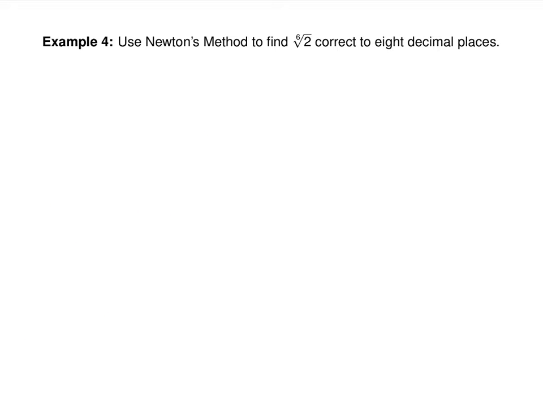All right, now this one, how might you find the 6th root of 2 correct to 8 decimal places? So how could you translate that into a function? If you don't know something, you could make it a variable, right? 2 to the 1/6, let's let that equal x. Does that make sense? As a simpler equation, isn't it easier to say that's the same thing as saying x to the 6th equals 2?